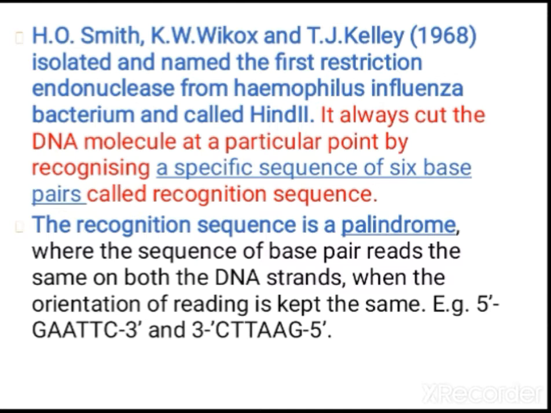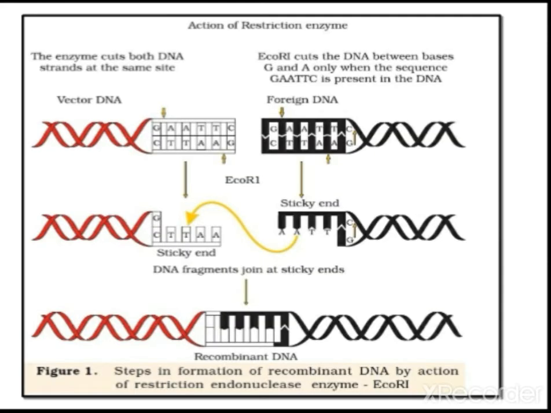For example, GAATTC, read from 5' to 3' end. If you read from 3' to 5', it is CTTAAG, the same thing in the opposite direction. This is what we call palindromic sequences.